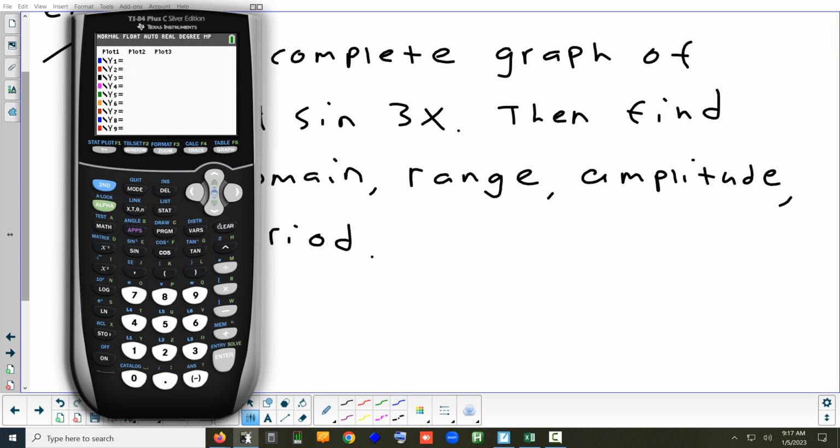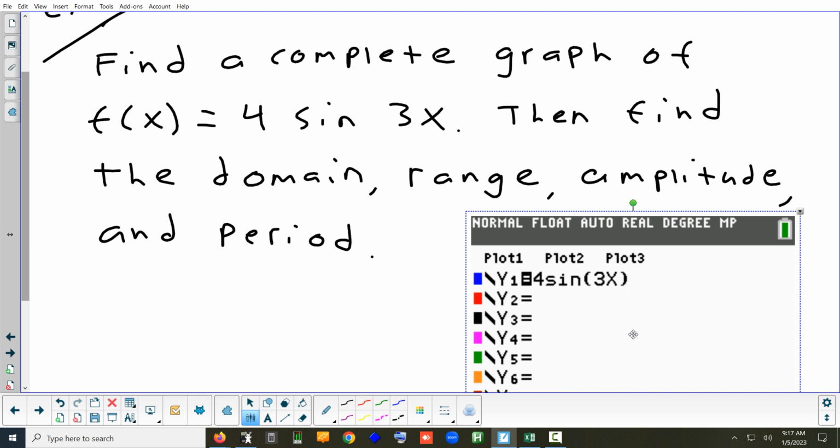Anything else you have in there, you just clear it out. Put in 4 sine 3x. That's what it should look like when you type it in, exactly the way it's written. Again, we talked about this yesterday: whether you put the 3x in parentheses or not, it doesn't matter.